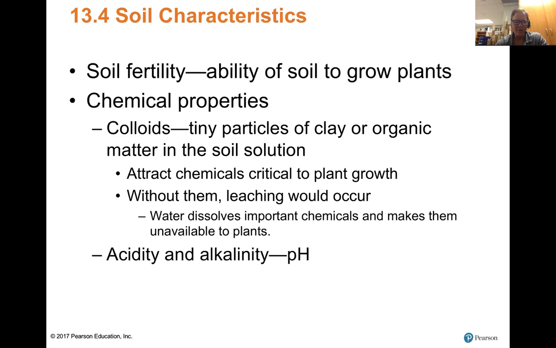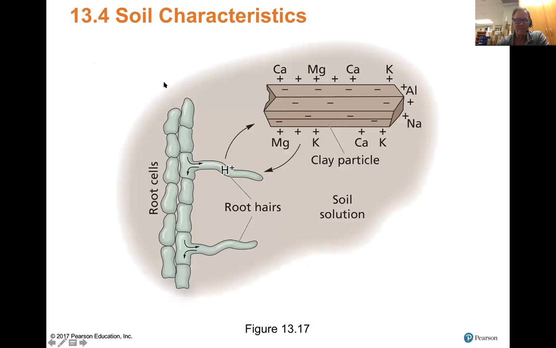And that's why we're interested in the pH factor, the acidity or the alkalinity of the soil, because that can affect this, which affects soil fertility. And from books, plants want a particular type of mineral because that's what makes them grow, and so that's what you want in the soil.